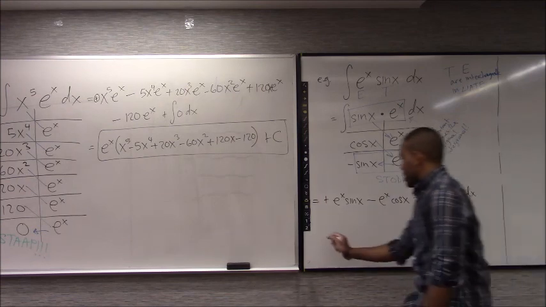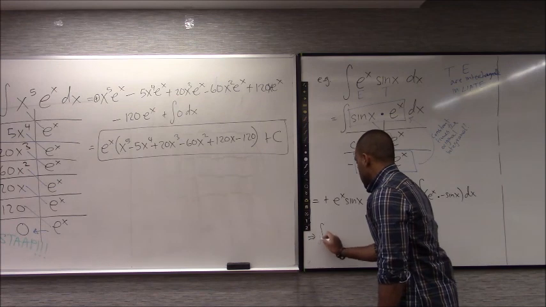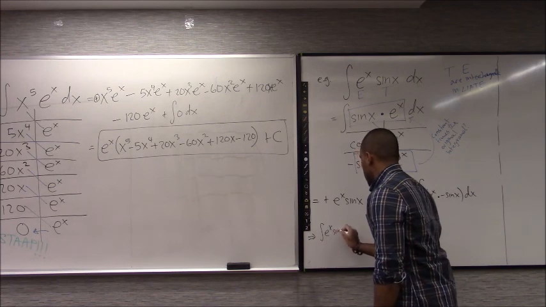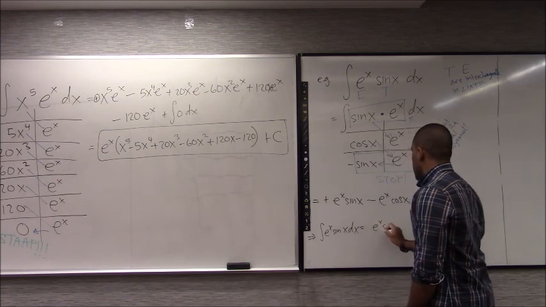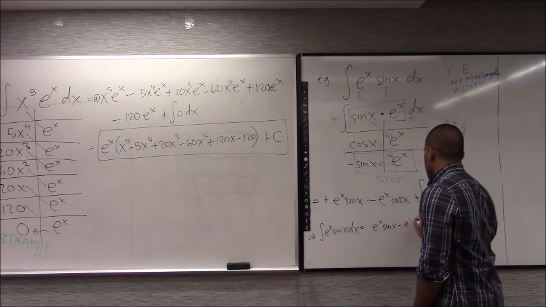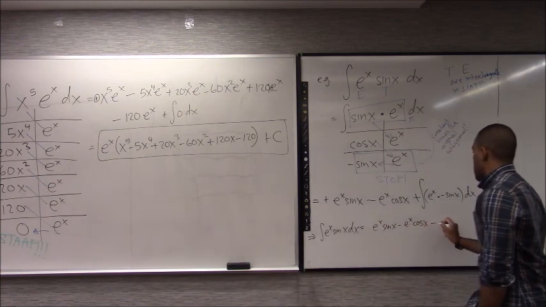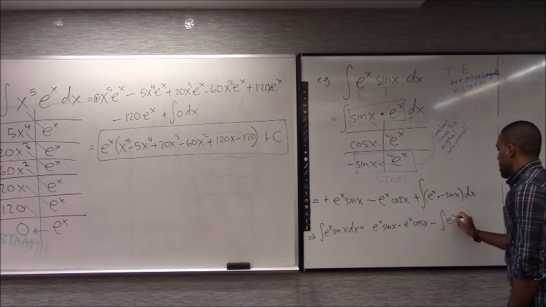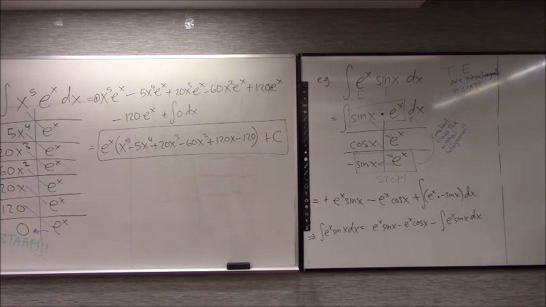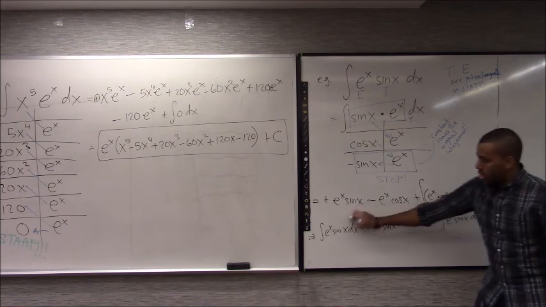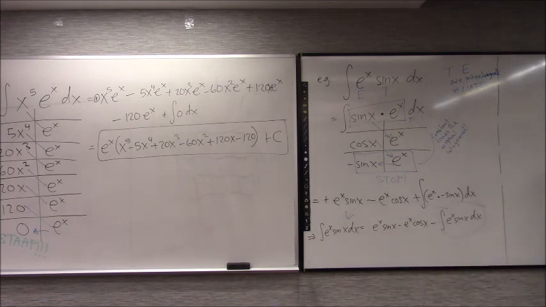And now what you notice then is that the integral of e to the x sine x is equal to e to the x sine x minus e to the x cosine x minus the integral of e to the x sine x, in which case you can take this guy and move it to the other side, and you'll get two of them, and then you divide by 2.